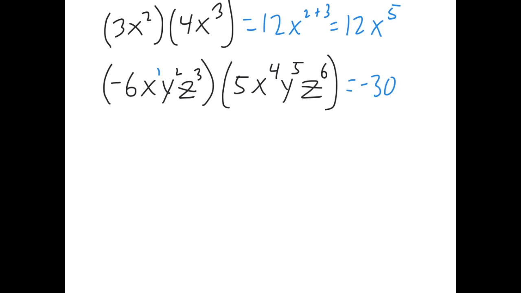So 1 plus 4 is 5, so that'll give us x to the 5th. Then we have y squared times y to the 5th, so 2 plus 5 is 7. So y to the 7th. And then z cubed times z to the 6th, 3 plus 6 is 9. So z to the 9th.